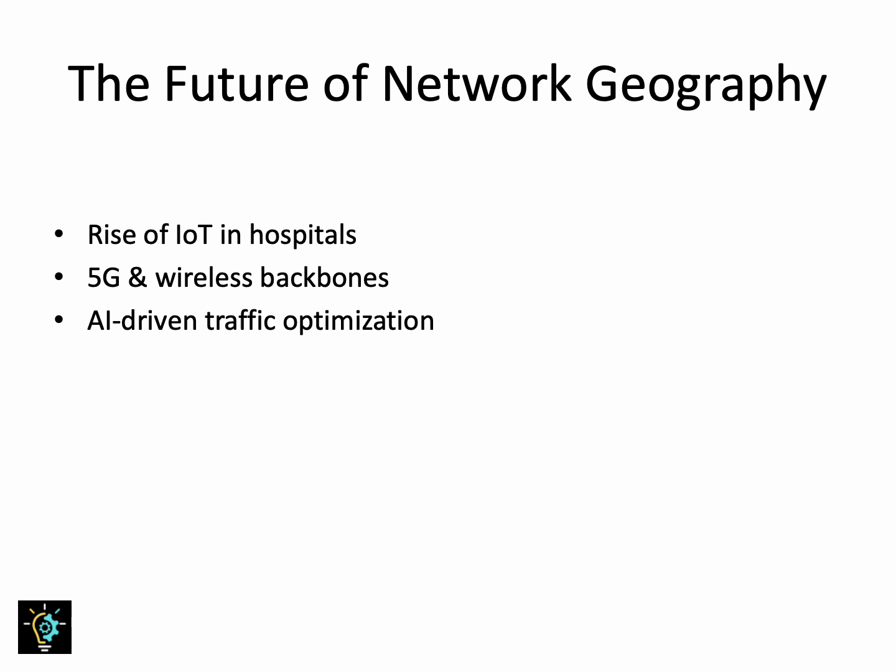Artificial intelligence may even help optimize traffic in real time, rerouting data dynamically based on load. All of these advances will give engineers more tools, but also more challenges as they balance performance, security, and costs. The geography of networks will need to adapt to keep up with the rapid growth in connected medical devices.